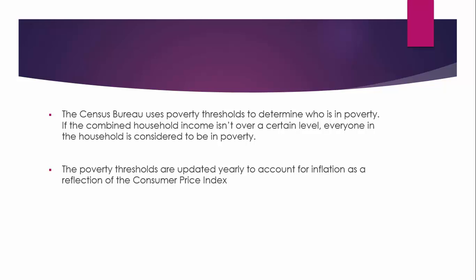Everyone in the household is considered to be in poverty. So you have 2 or 3 children who are added to the poverty rolls in single family households if they have that many children. The poverty thresholds are updated yearly to account for inflation as a reflection of the consumer price index.